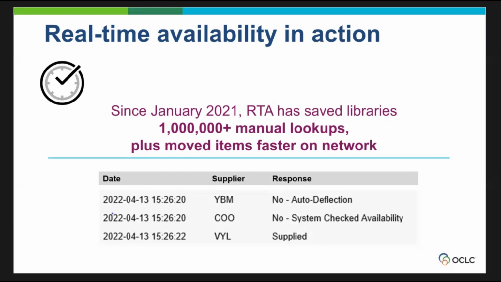And if they hadn't had system-checked availability, if they didn't have RTA, they would have had to look it up. Each of those steps would probably have taken 10, 20, 30 minutes at least if a human had to do that. It could have been 2 days, 3 days even, 8 days. Cool.